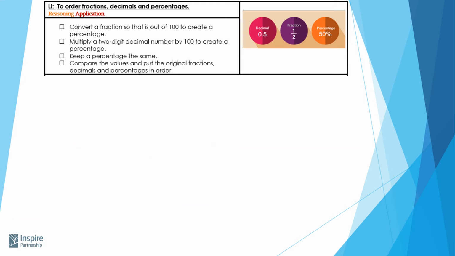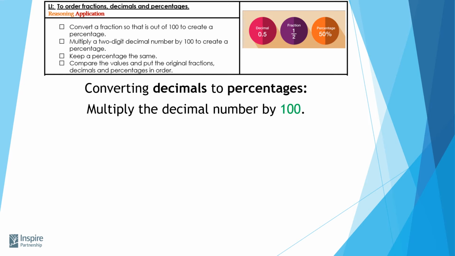The next thing we need to look at is just to confirm what we've just done in terms of converting decimals to percentages. You simply multiply a decimal number by 100. So what is 0.67 as a percentage?